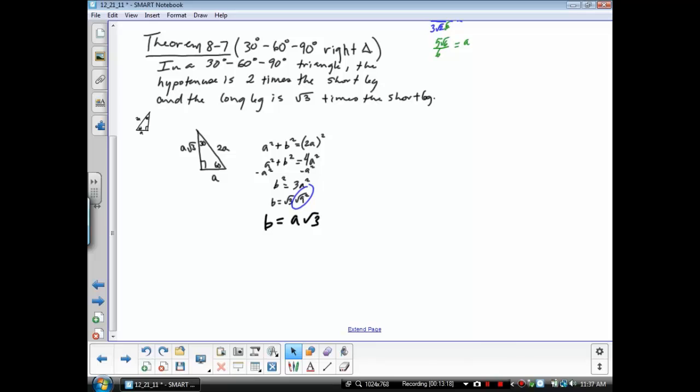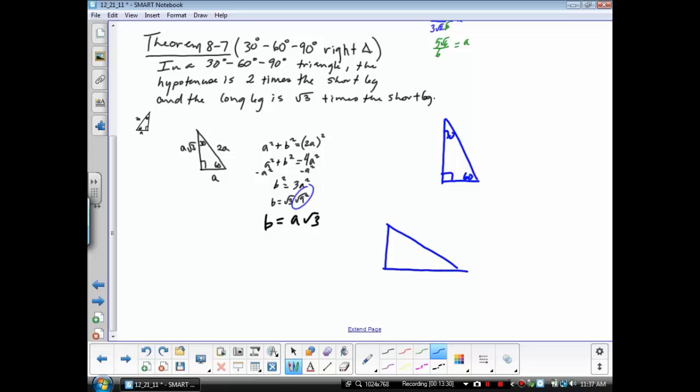So if we have a 30, 60, 90 triangle, we're going to have a long leg, we're going to have a short leg. The orientation is not important, so I could have my 30, 60, 90 triangle, which looks like this, or however I choose. But always, the angle that's going to be opposite your short leg is your 30-degree angle.